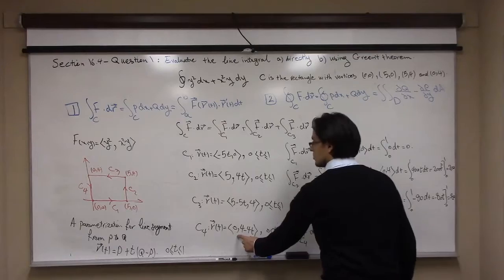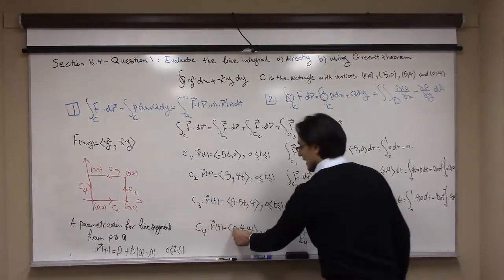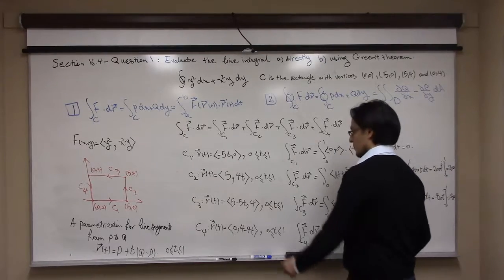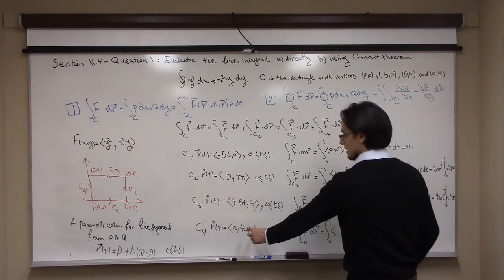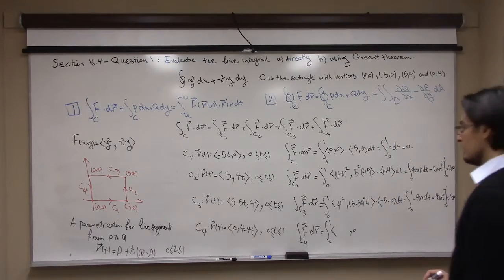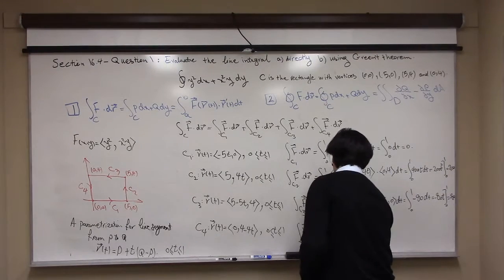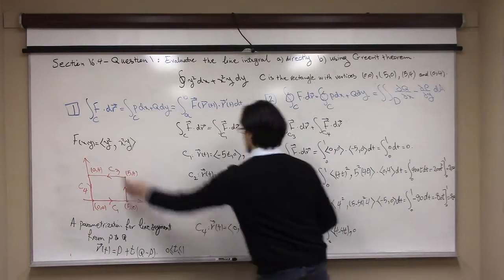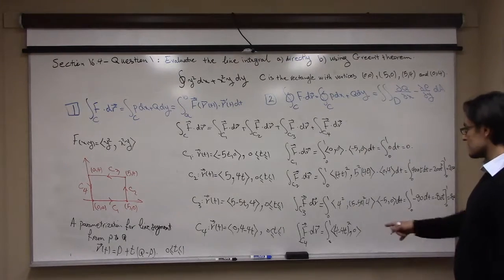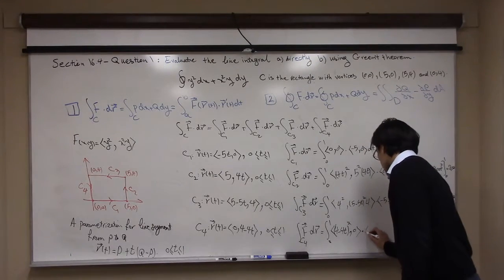Plugging this into your vector field, x is 0, so this part would be 0, and y is 4 minus 4t, y squared, so the first component is going to be that. That's my F dot r prime.